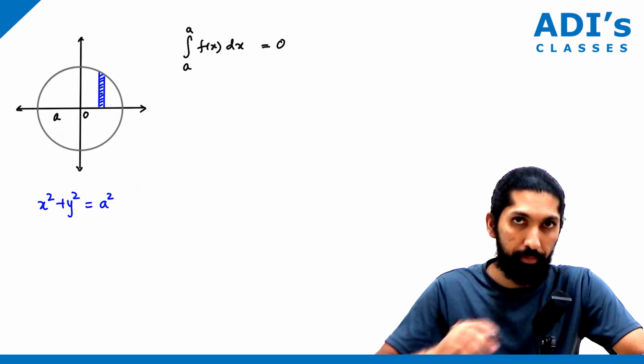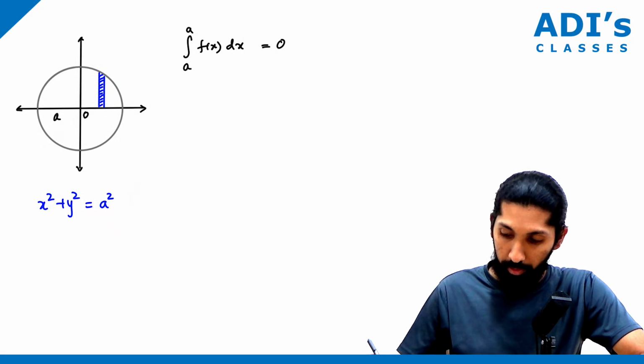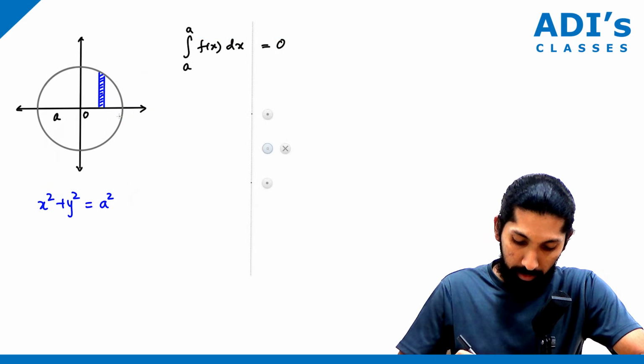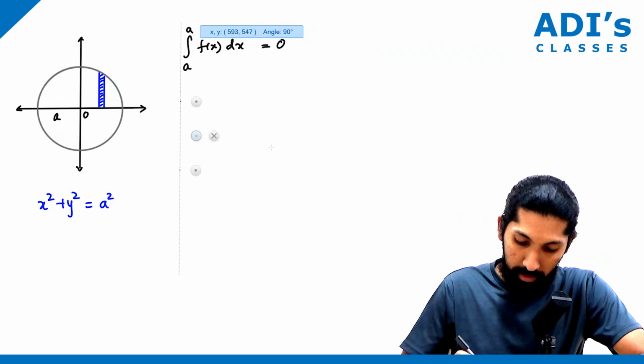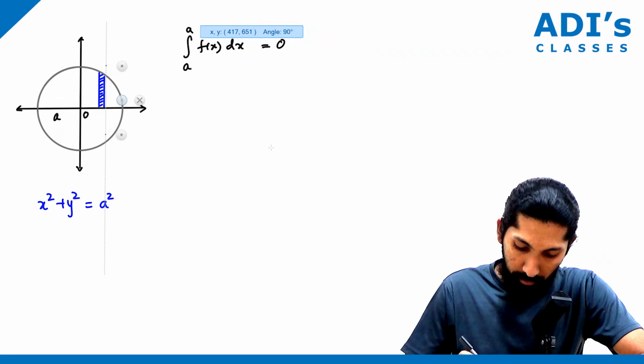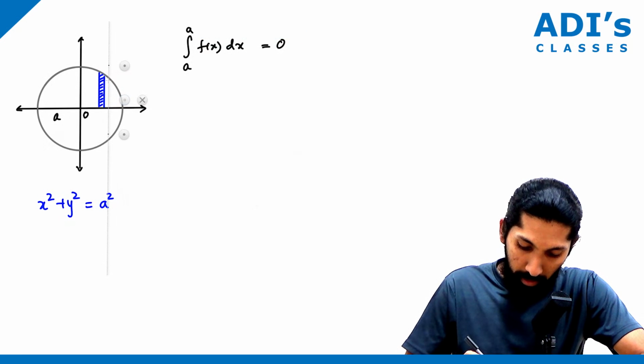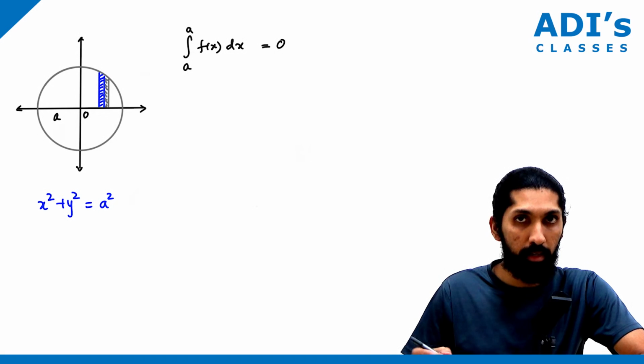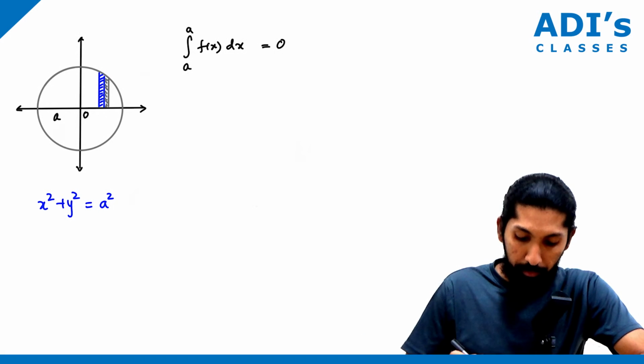The next thing you do is take the same strip to the next position and divide again, and find the area of that strip. Then keep doing it.